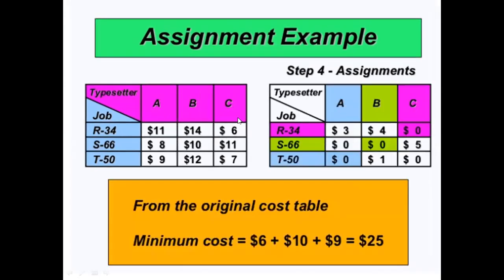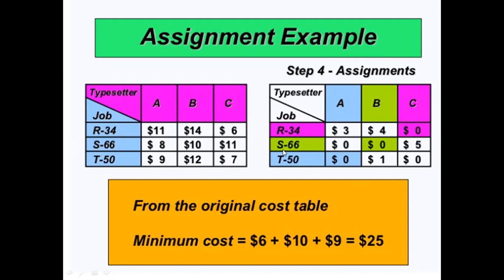Now if we want to know the original cost, we look at the original table. In the original table, for example, if A has to do R34, the cost will be 11, B the cost will be 14, and so on and so forth. And now we know that R34 will be done by C and the cost will be $6.